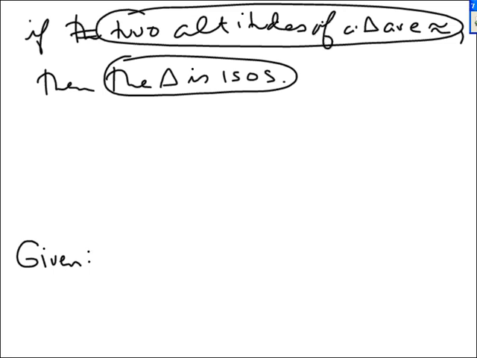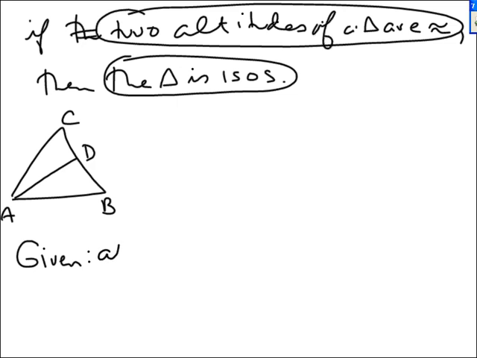We are going to be given a triangle. Call it A, B, and C. And we're going to be given two altitudes, AD and what I'm about to define to be BE. Given two altitudes.